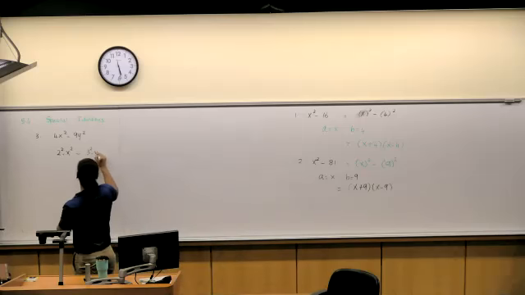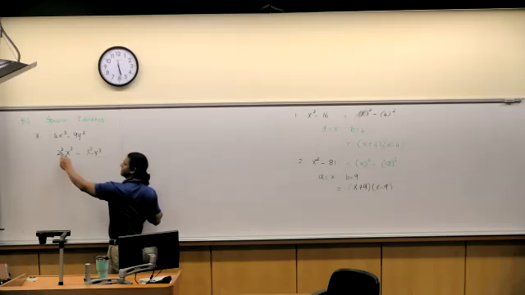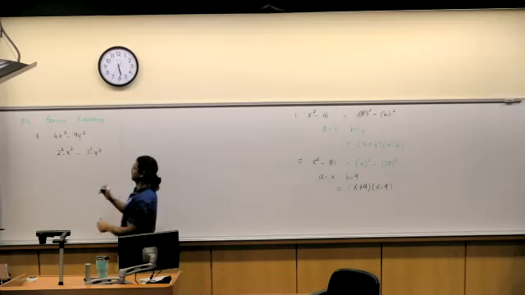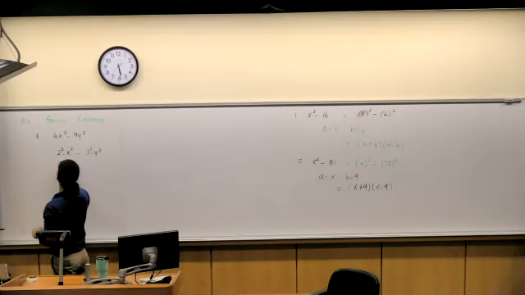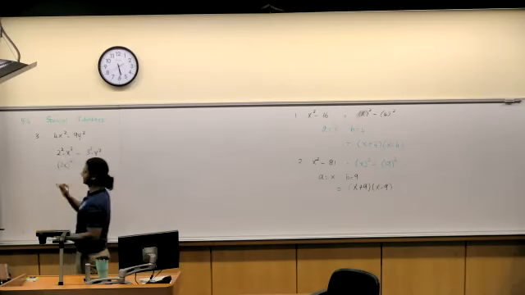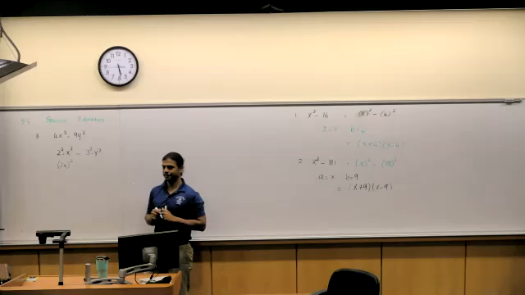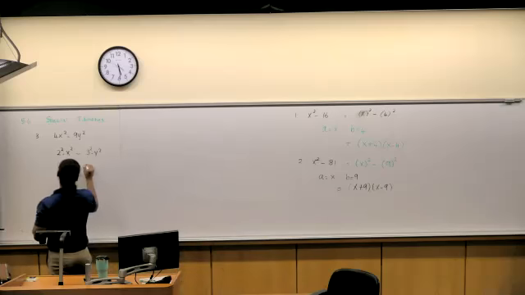Since we have identical powers, I can combine the 2 and the x. So I can write this as 2x squared. What about here? Negative 3y squared.